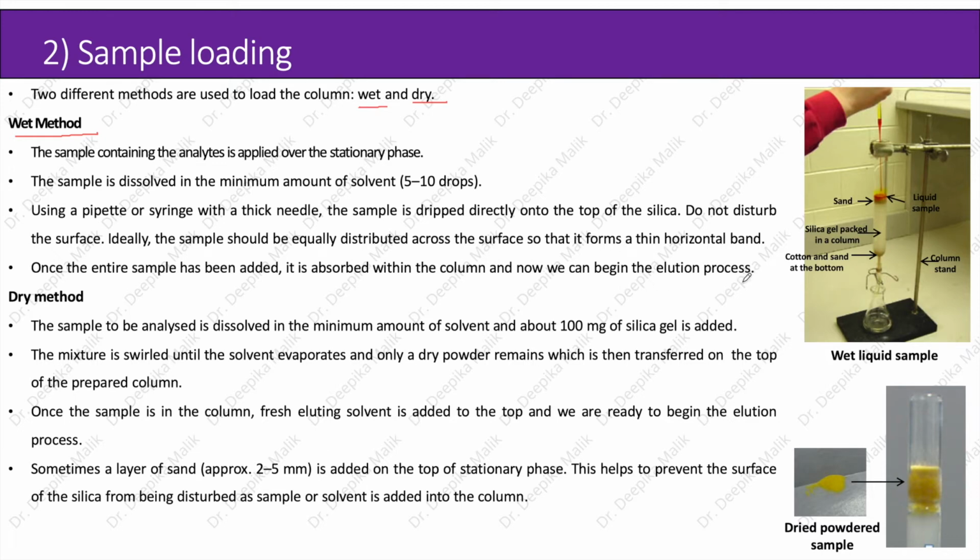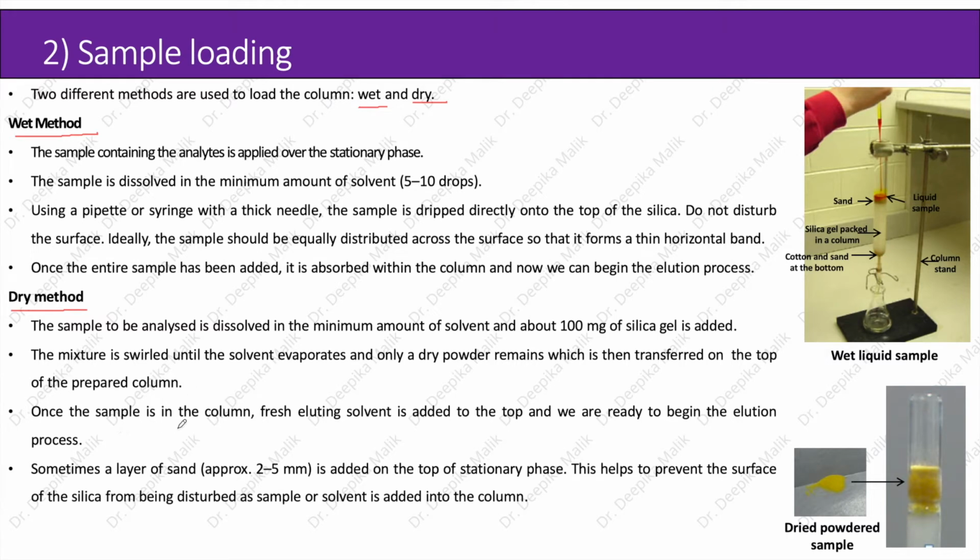and now we can begin with the elution process. In the dry method, the sample to be analyzed is dissolved in the minimum amount of solvent and about 100 mg of silica gel is added. The mixture is swirled until the solvent evaporates and only a dry powder remains, which is then transferred on the top of the prepared column.